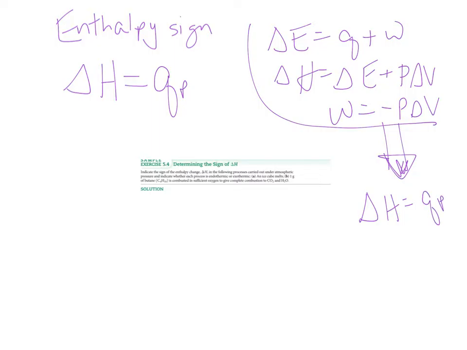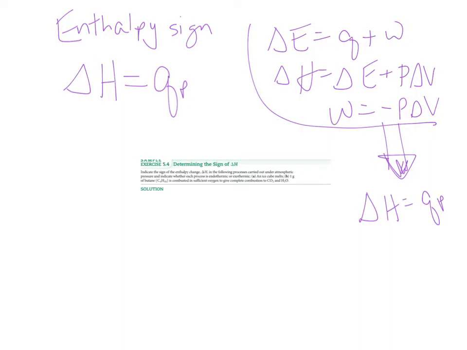So since it's equal to heat, as long as the pressure is constant, if our heat transfer is exothermic, the sign of our enthalpy will be exothermic. If our heat transfer is endothermic, the sign of our enthalpy will be endothermic.